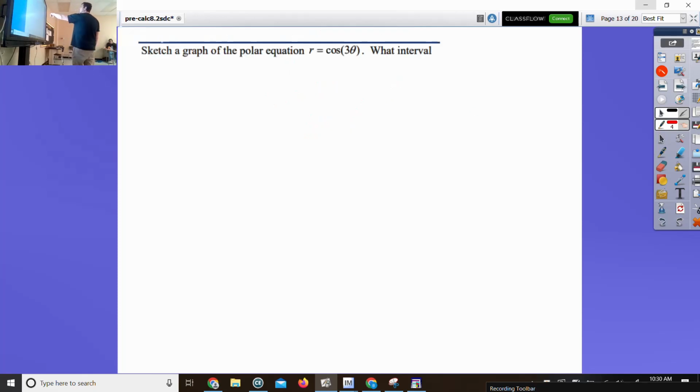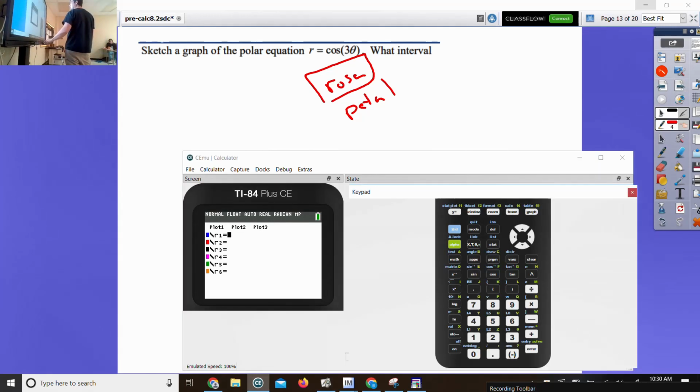The next one would be a rose petal. They call it a rose. Funny things happen when you start changing the inside, because that speeds up the period of the graph. This will look like a rose petal, or a rose.